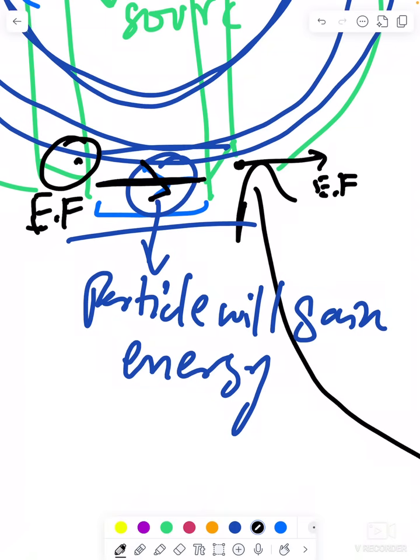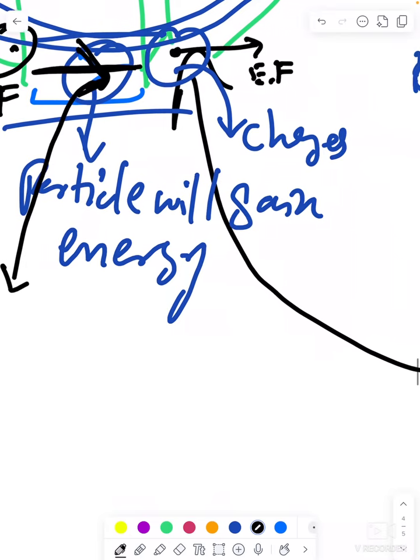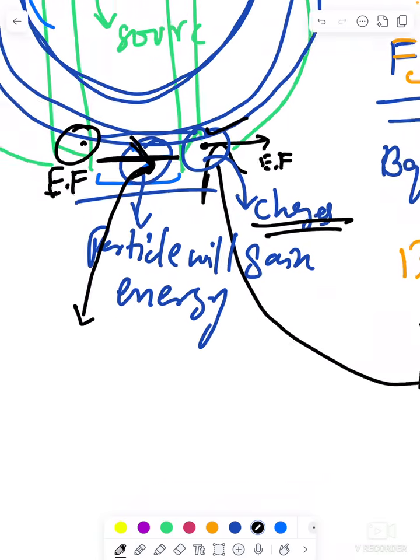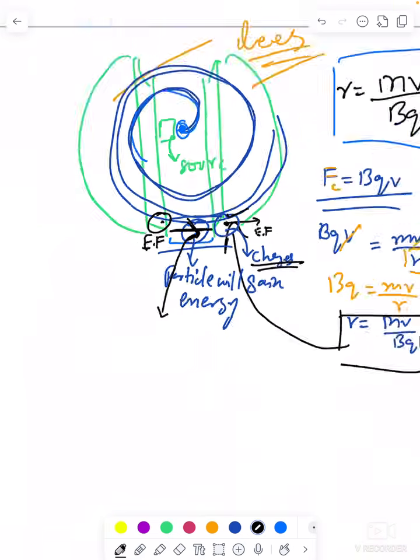But the moment it's in the gap, this changes, so that the particle is always accelerating in the direction of the field. The moment it's in the gap, the PD of the next D changes, so that it's always accelerating in the direction of the field.